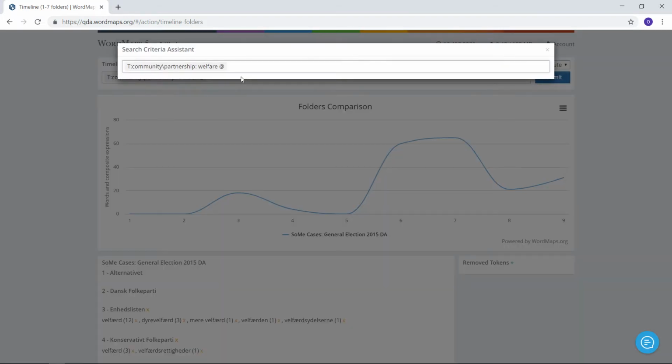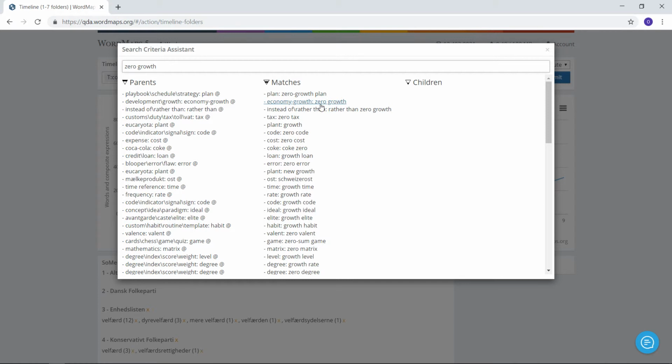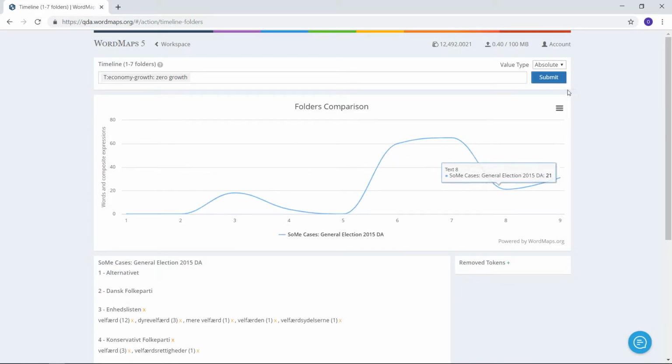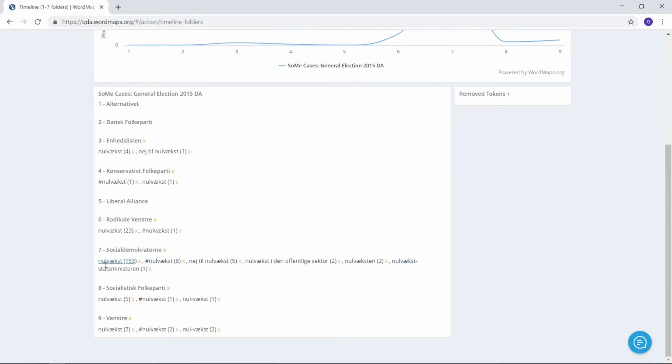We had the other theme called zero growth. Let's see how that looks. And here we have a quite different result. Zero growth is topping here with party number 7, and that party is the Social Democrats.